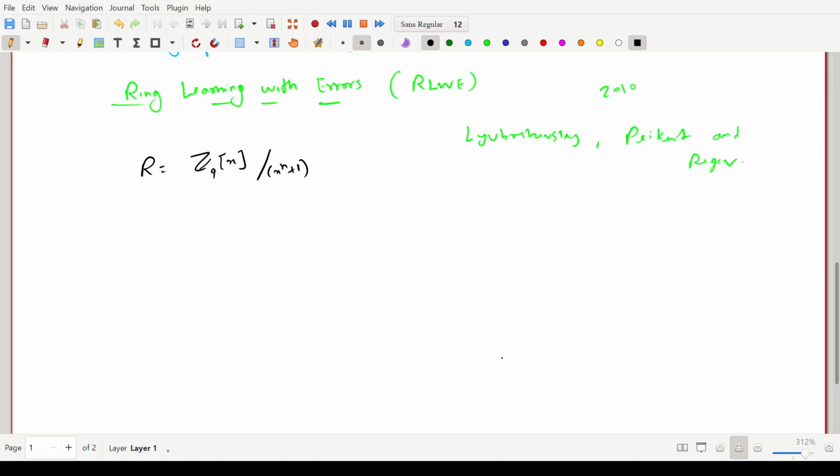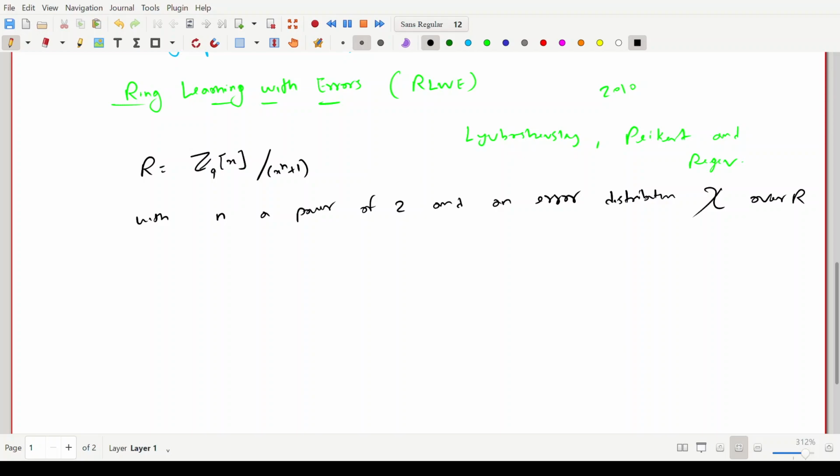This is the ring with n a power of 2, and an error distribution, say chi over R, that is concentrated on small elements.